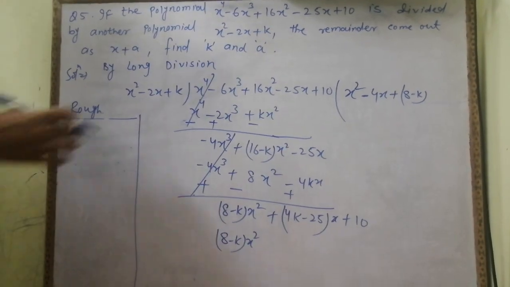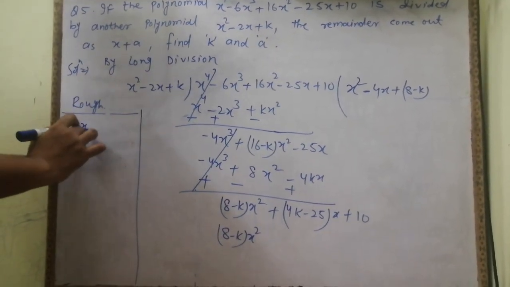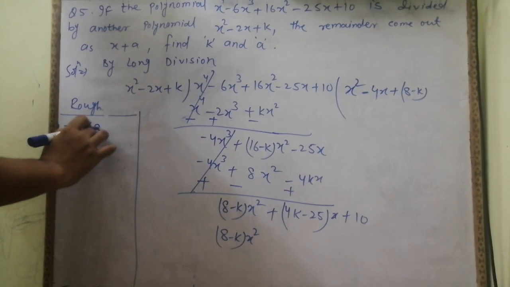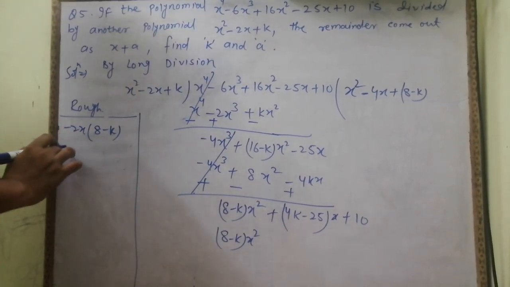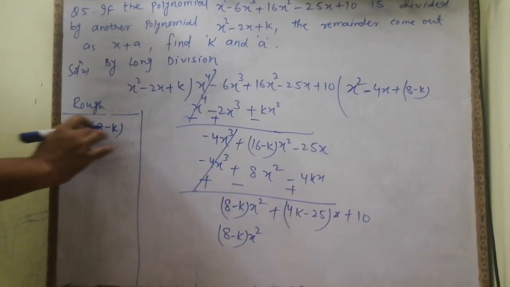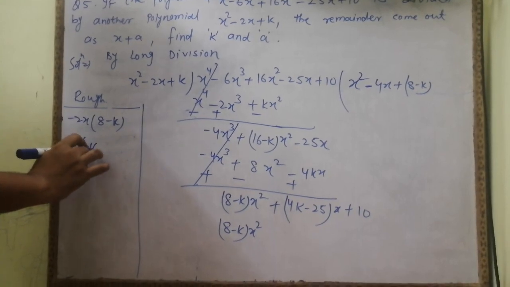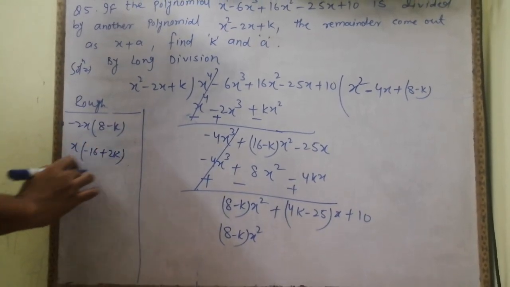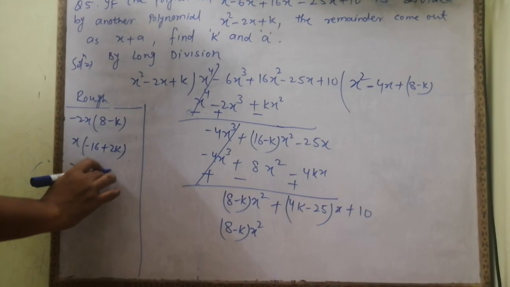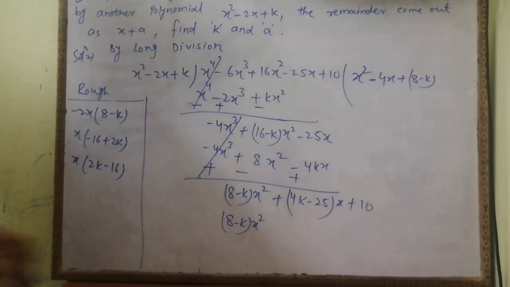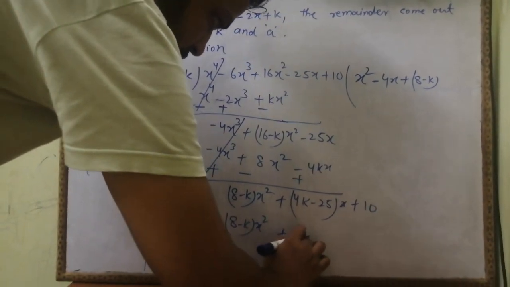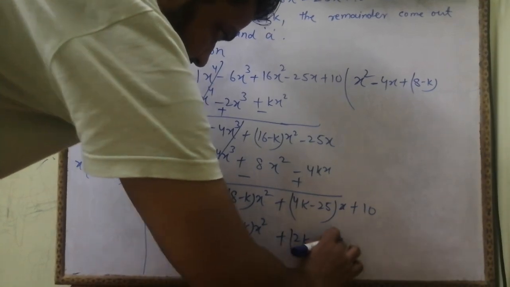First write minus 2x into 8 minus k: put x outside, minus 16 plus 2k, so 2k minus 16 into x.